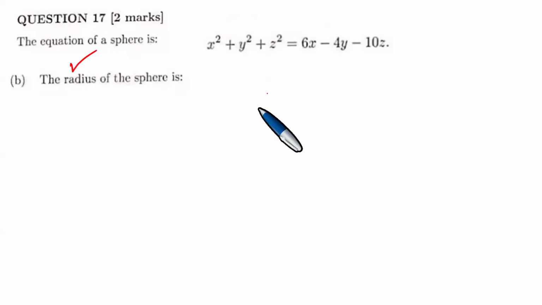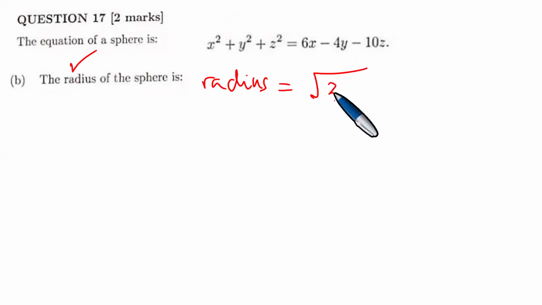And in this question, you also mentioned the radius, and the radius is equal to the square root of 38 units.